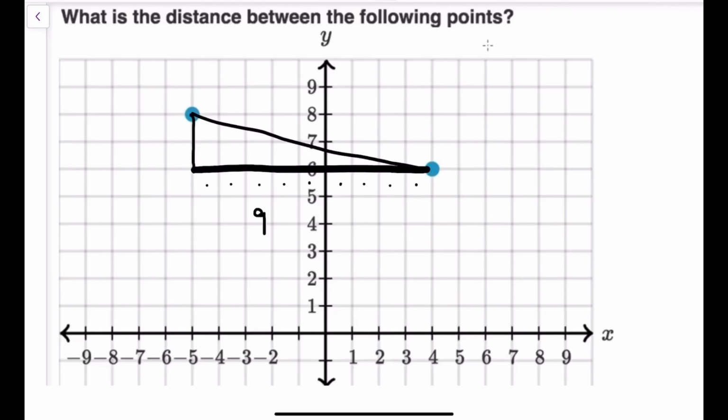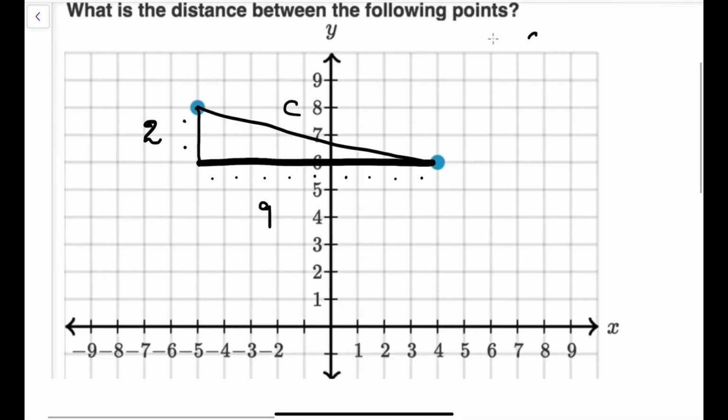And what about the height of the triangle? I have 1 and 2. So the height of this triangle is 2. So how am I going to find the length of C, which is the hypotenuse? The rule is C square is always equal to A square plus B square.